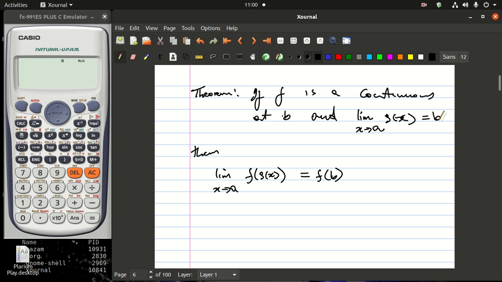Because f is continuous at that point, we can get the limit of this whole thing to be equal to f at that point. Another way to look at this is that the output of the inside function becomes the input of the outer function. So to find the limit as x approaches a of this whole thing, we just want to find the value that this inside part is approaching.